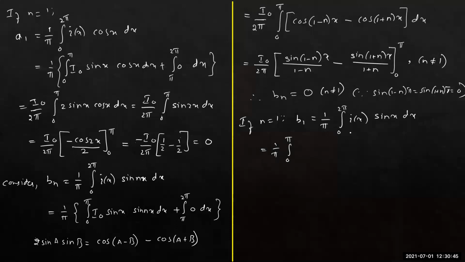Anyway, the other half is 0, so I'm writing it only from 0 to pi, I naught sine x into again sine x. So it is I naught by pi into integration from 0 to pi sine x into sine x, sine square x. But for my convenience, I'm just multiplying and dividing it by 2. So it is I naught by 2 pi into 2 sine square x dx.